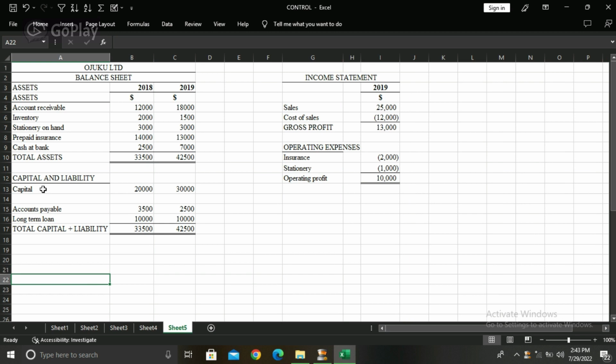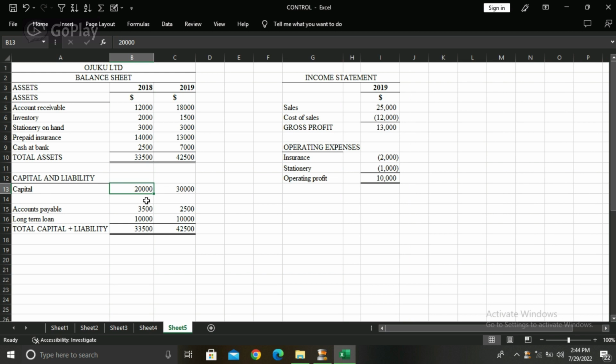Looking at capital, you can see that there's no additional capital listed, but if you do a control account for the capital account, in 2018 we have 20,000 and in 2019 we have 30,000. So it means the additional capital introduced during the year 2019 was 10,000, the difference between 20,000 and 30,000. There are no drawings and no deduction of capital, so it is straightforward.